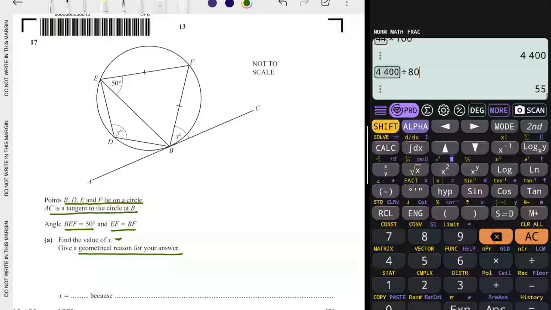Students, looking at the relation of angle x and 50, they look like alternate segment angles. So angle x would be 50. This is the alternate segment theorem.